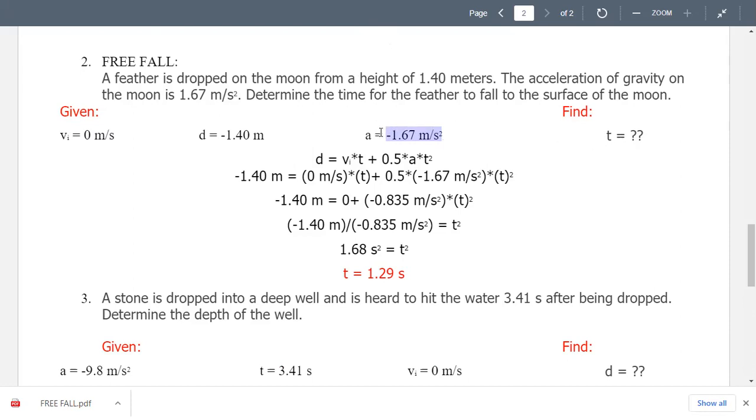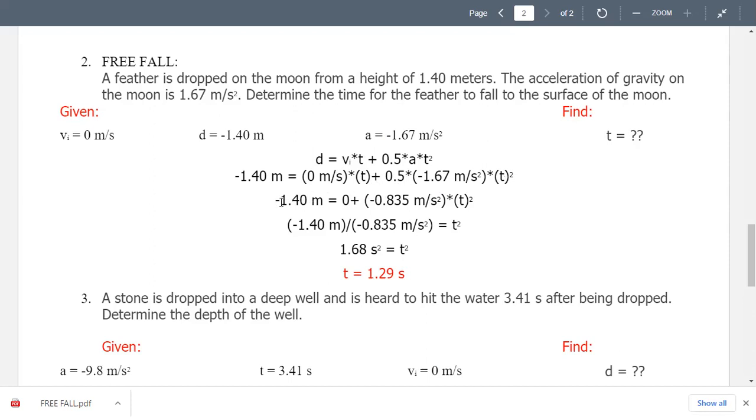To solve, we're going to use the formula d is equal to vi multiplied with t plus half of a t squared. Substituting the values gives us negative 1.40 meters is equal to your initial velocity at rest, 0 meters per second, multiplied with the unknown variable t, plus half of your negative acceleration due to gravity on the moon, negative 1.67 meters per second squared, multiplied with your time squared.